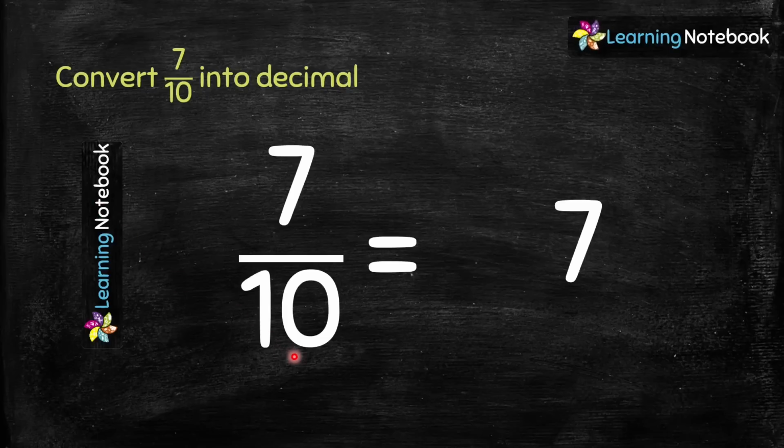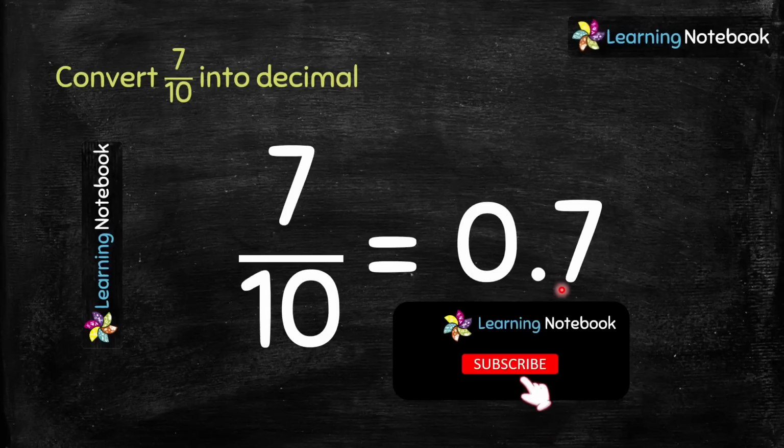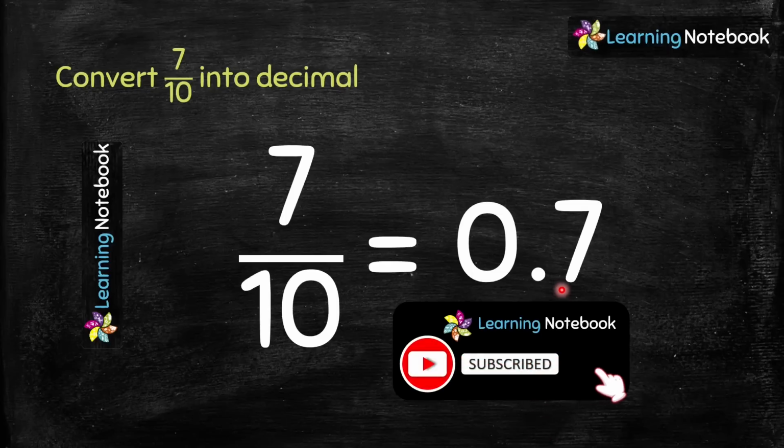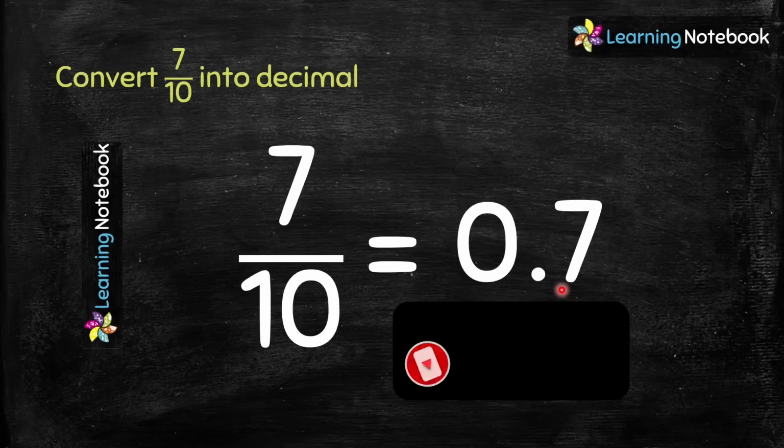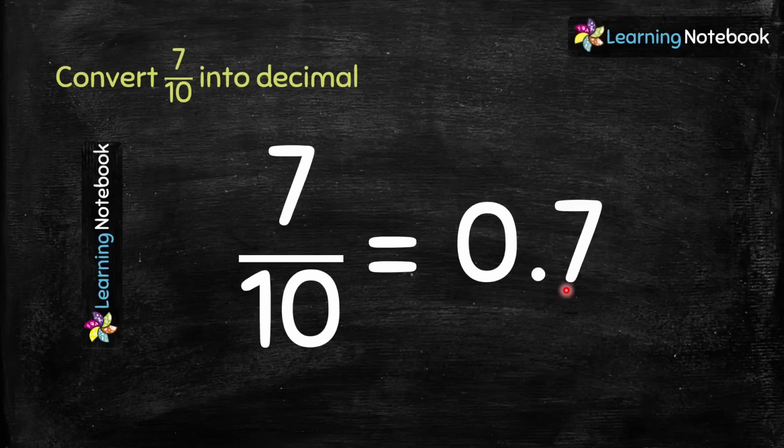As we can see, there is only 1 zero in the denominator. So let's place a decimal point at one decimal place. So we have got the answer as 0.7. So we have converted fraction 7 by 10 into decimal 0.7.